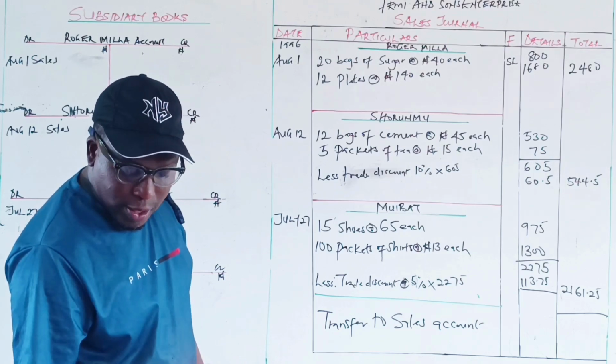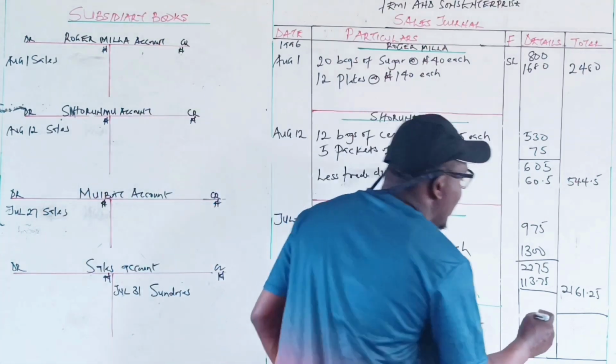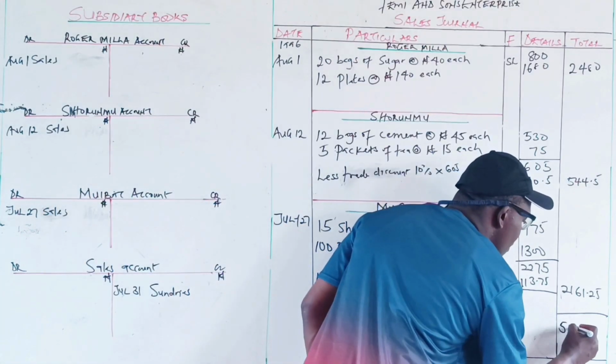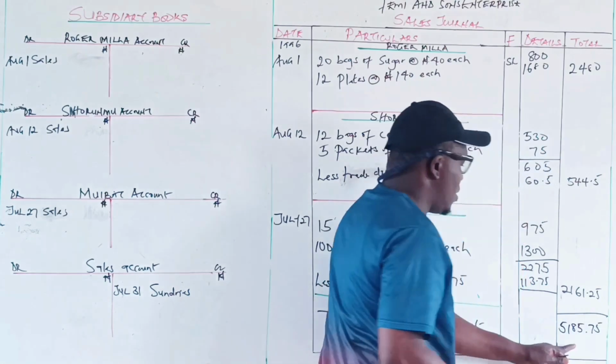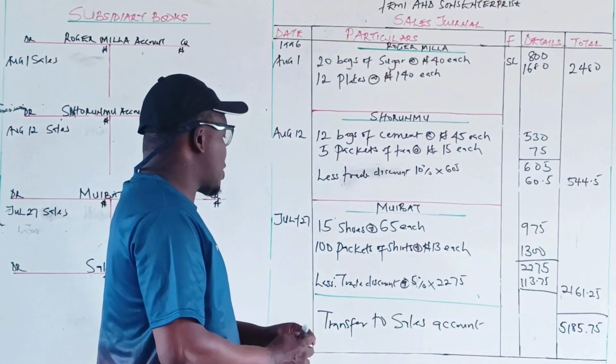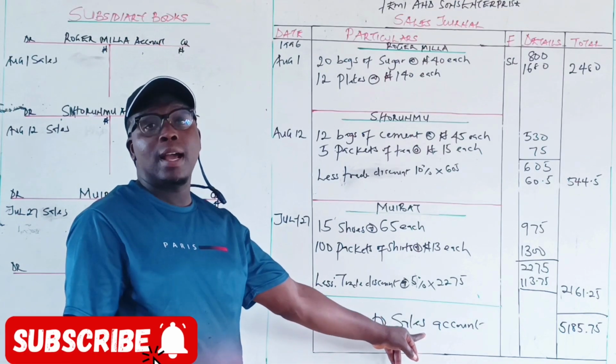So the total will give us 5,185 naira 75 kobo. So this total will be transferred to the sales ledger or the sales account.